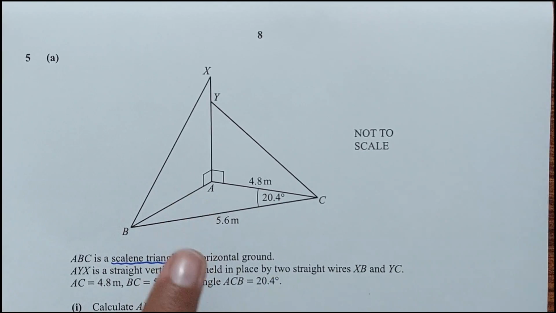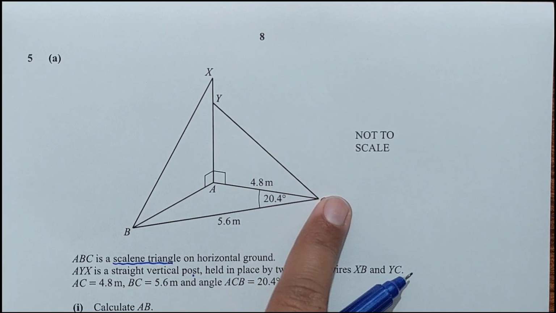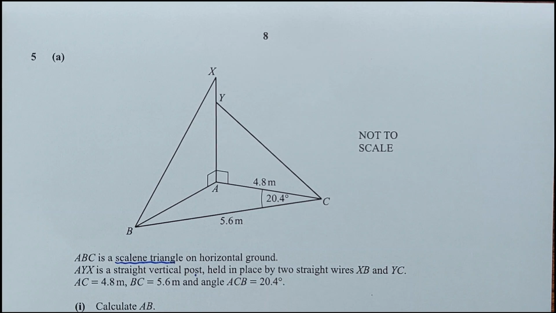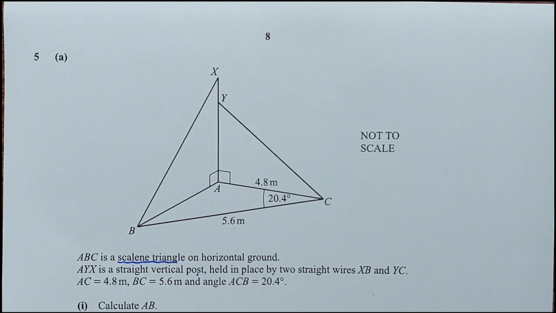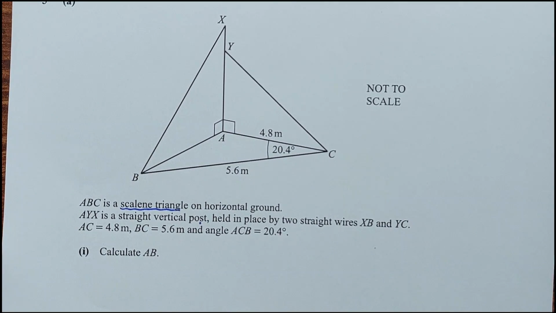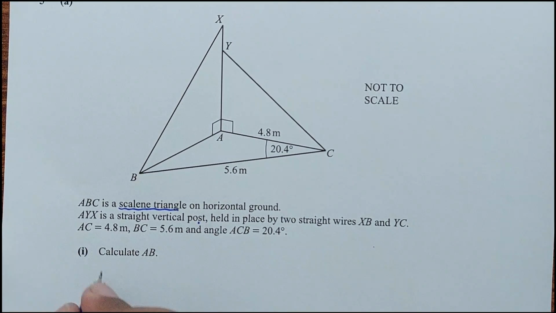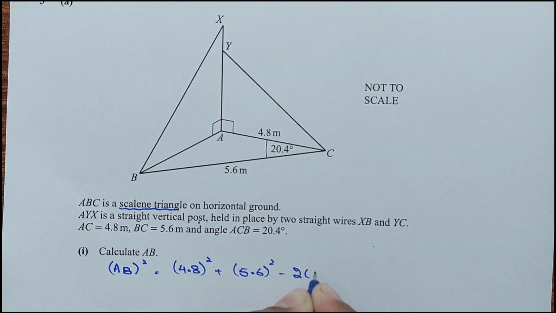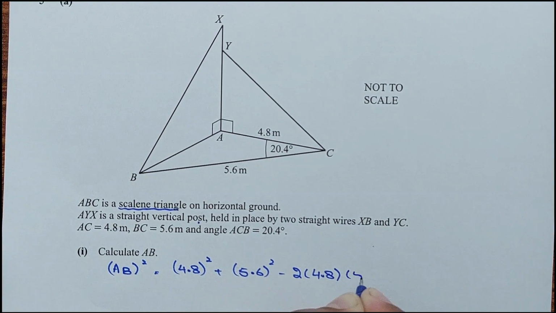So if I consider the triangle ABC, we have AC and BC and we have one angle between them. Let me solve for the third side. Okay. So let me use the law of cosines over here for the third side because we have two sides and one angle. So the third side is AB, right? So AB square equals 4.8 square plus 5.6 square minus 2 times 4.8 times 5.6 times cos of the angle between the two sides, which is 20.4 degrees, right?